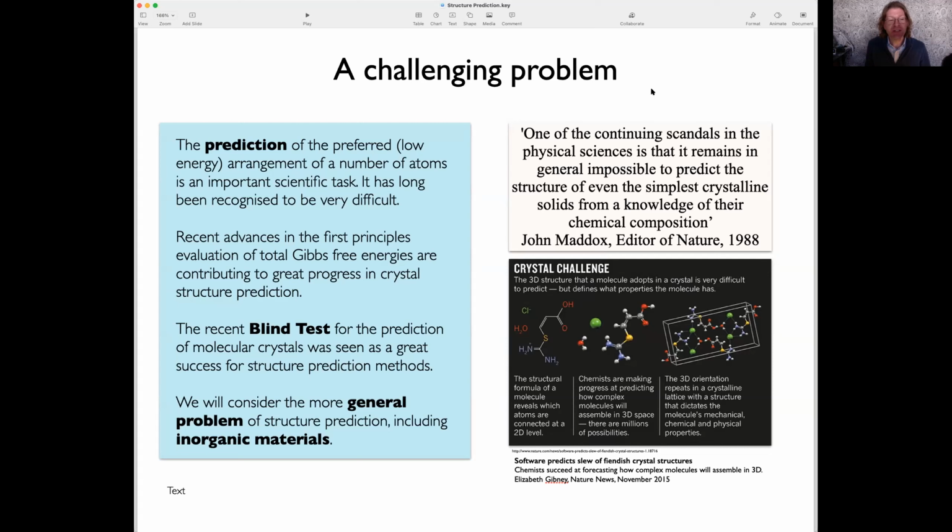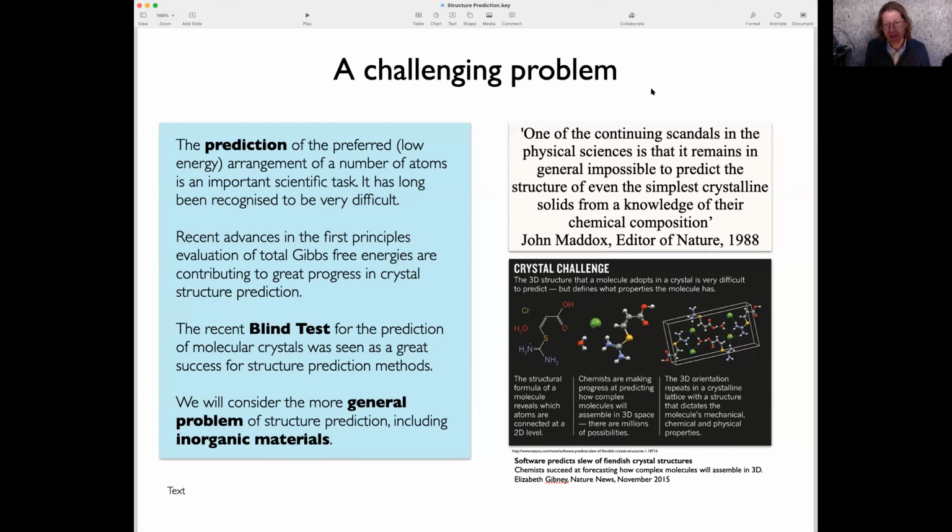With recent advances in first principles calculations of energies, we are able to do a much better job. Now, there is a very famous area of crystal structure prediction, which is molecular crystal structure prediction. This is of great interest because these small organic molecules are related to pharmaceutical compounds, and pharmaceutical companies care very much exactly which polymorphs these small molecules adopt.